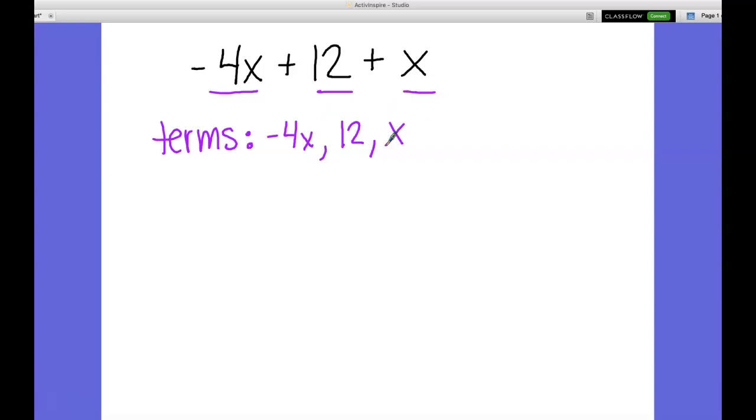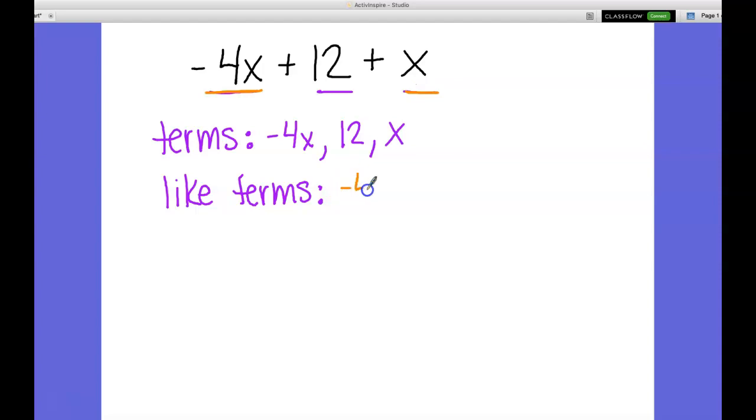Okay, then we talked about like terms. My like terms are terms that have the same variable to the same power. So I see I have an x here, and I have an x here. Therefore, they are like terms because they have the same variable to the same power.